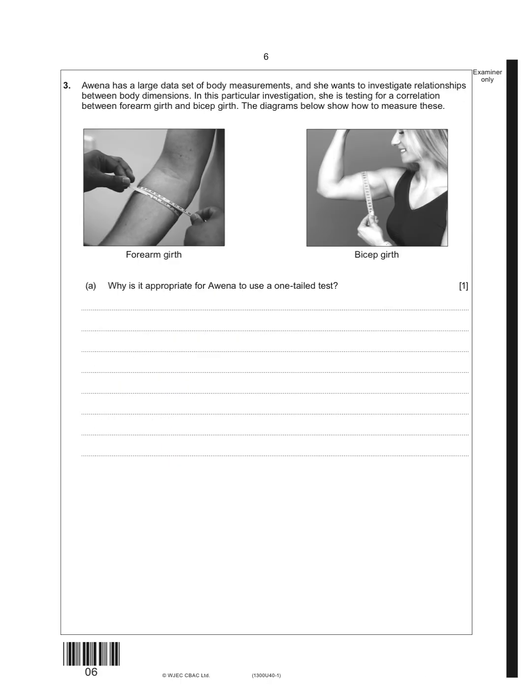Okay, question number 4. Looks like we're looking at some kind of correlation, relationship between forearm girth and bicep girth. Here we go. Why is it appropriate for Awenna to use a one-tailed test? Now, there's nothing in the question that says about a one-tailed test.